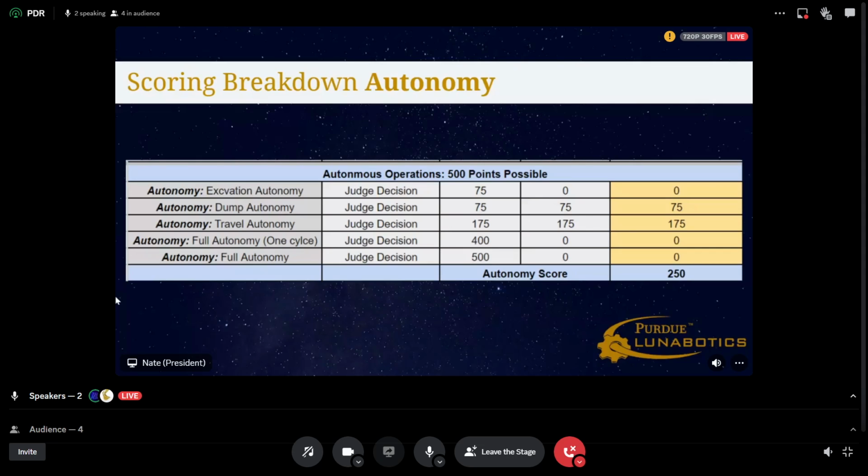You have to traverse from the starting area initially, and then do the whole cycle. So it does have to start from the starting area. So essentially, if the autonomy messes up from the start of the run, but you get to the construction zone and for some reason it's able to kick back in, you won't get the one cycle. Correct. Yes. It has to start from the starting area.